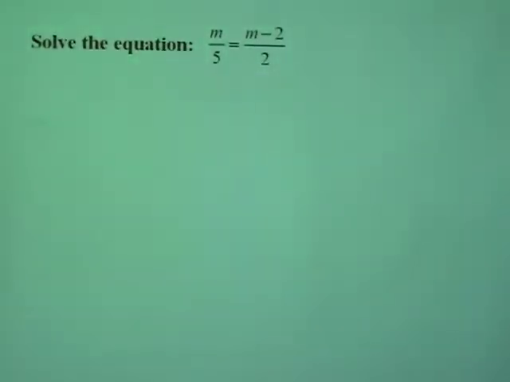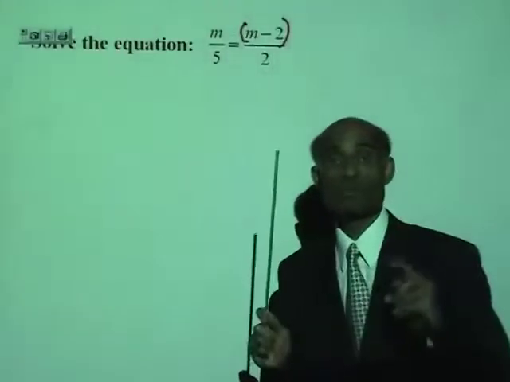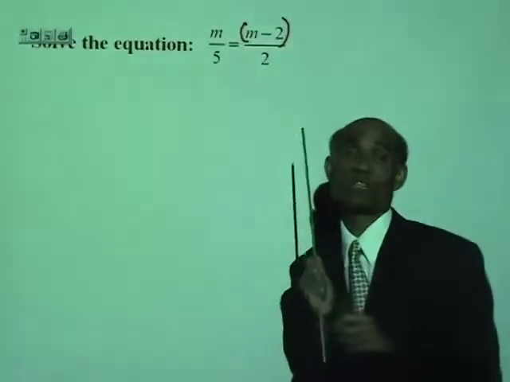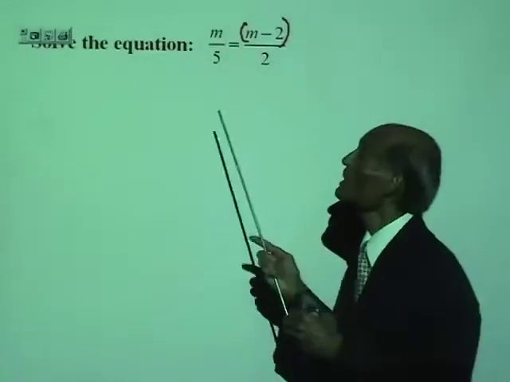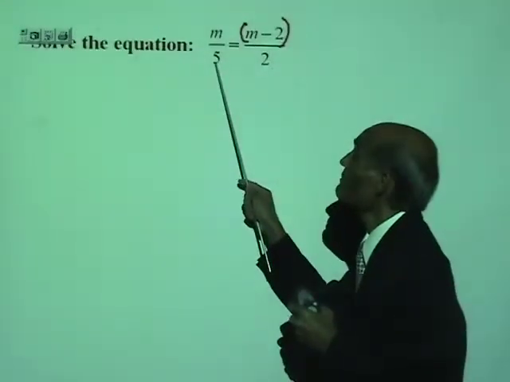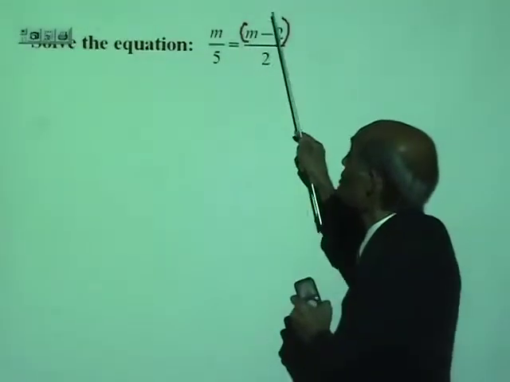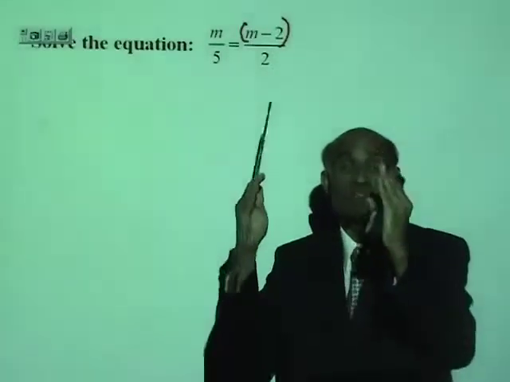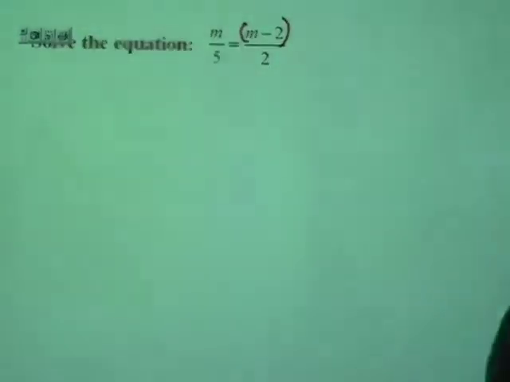Very important. You got to consider that as a quantity, and before you do anything else, you need to group it inside a parenthesis. Do not take the cross product without using that parenthesis. In other words, if you take the first product 5 times, you got to say 5 times the quantity m minus 2. Very important. Okay, let's move on.